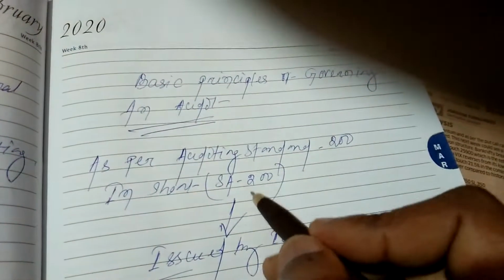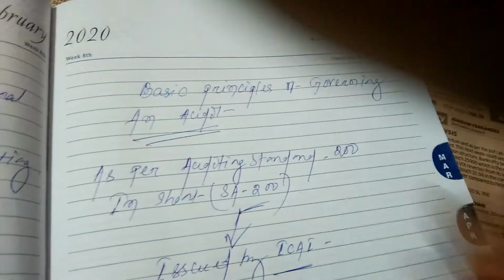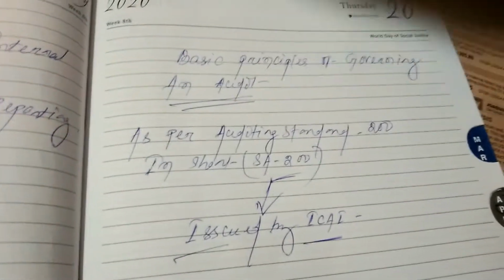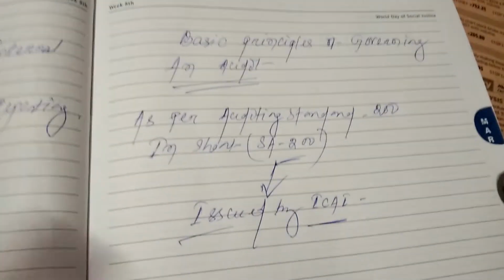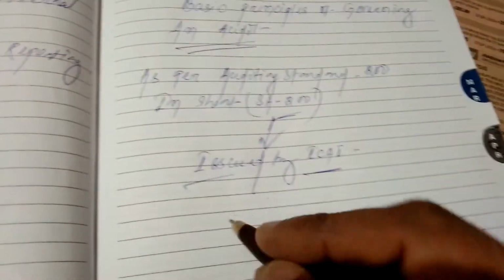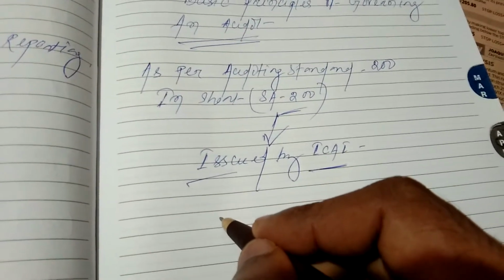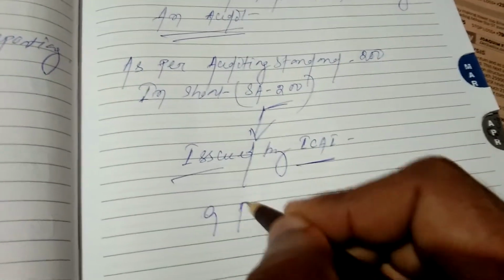So what are the basic principles governing an audit? There are 9 important points.